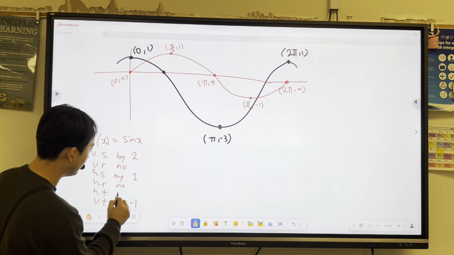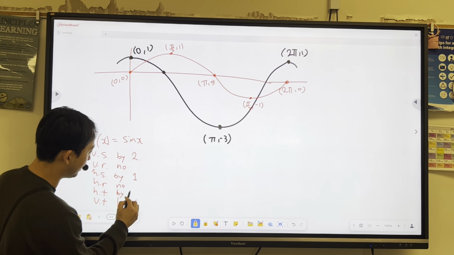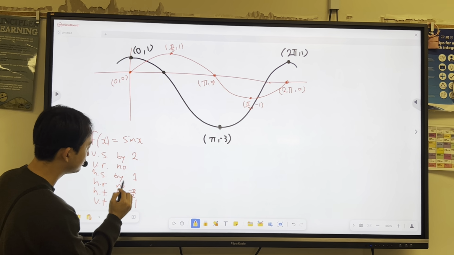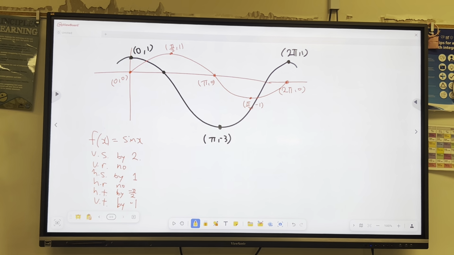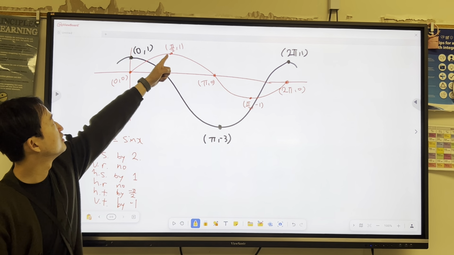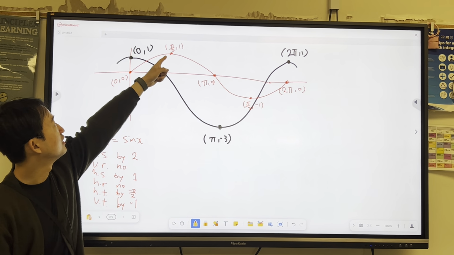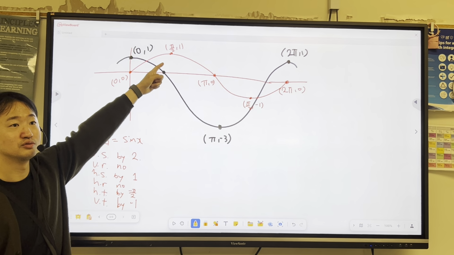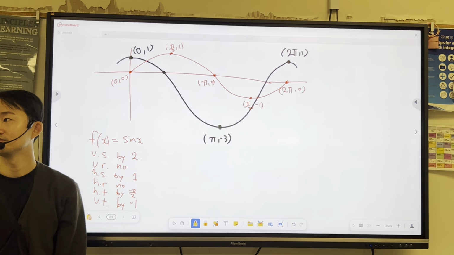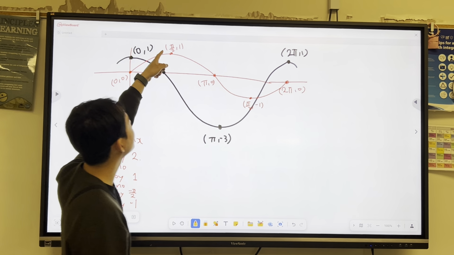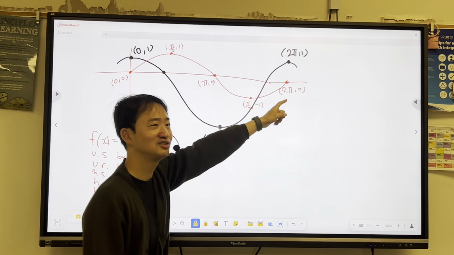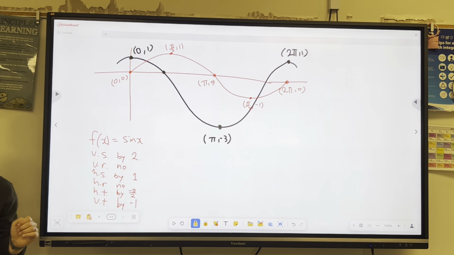So I'm going to say horizontal translation by -pi/2. The red graph, look at this maximum, it moves left by pi/2. If you want to say move to the right by 3 pi/2, that's okay. That's also acceptable. So it's either left by pi/2 or right by 3 pi/2.